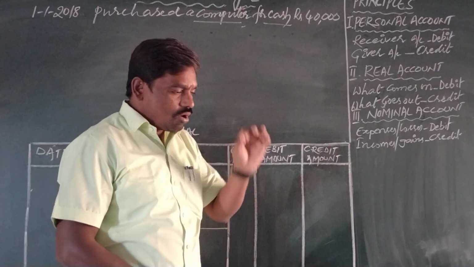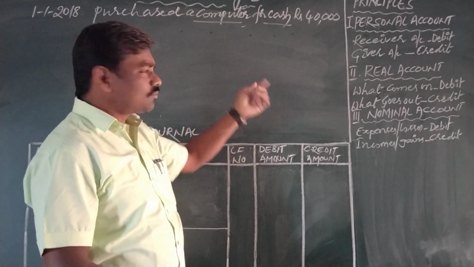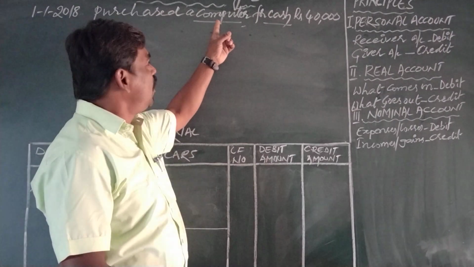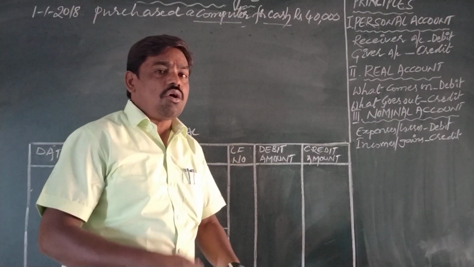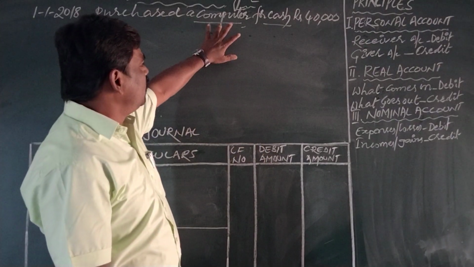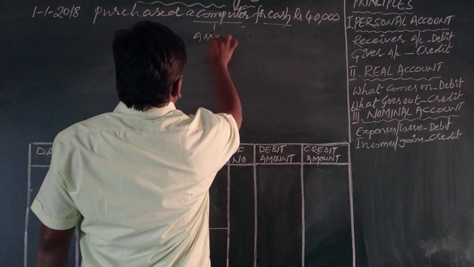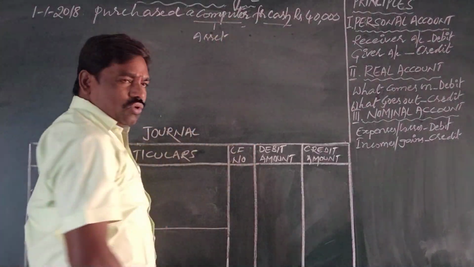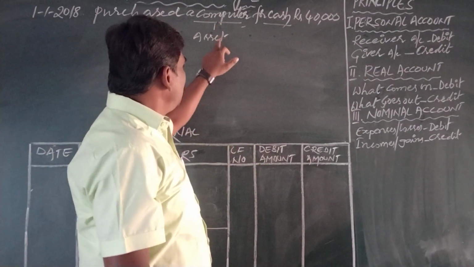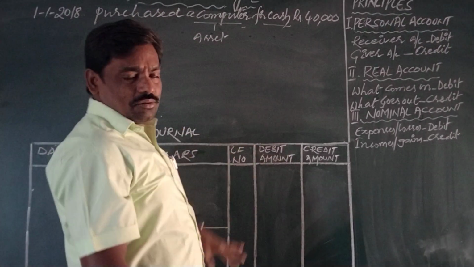You know that assets are those which can be used for a longer period of time in the business organization. So here computer is an asset. It is one aspect you identified.